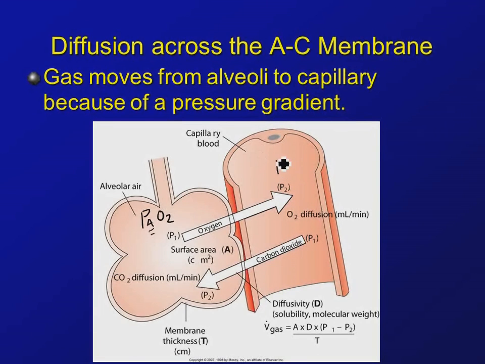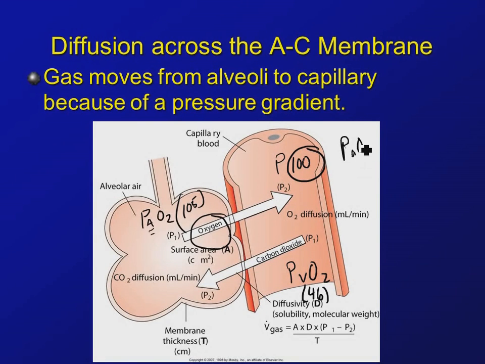And that is higher than what is on the venous side. So therefore, oxygen moves from a higher pressure, say 105, to something that's lower. Net effect is that you end up having some amount of oxygen that is higher. We're going to call this the arterial value. Everybody agreeing with me on this? It's just a pressure differential that causes passive diffusion to occur across the alveolar capillary membrane.